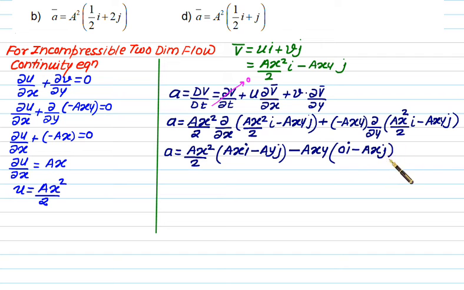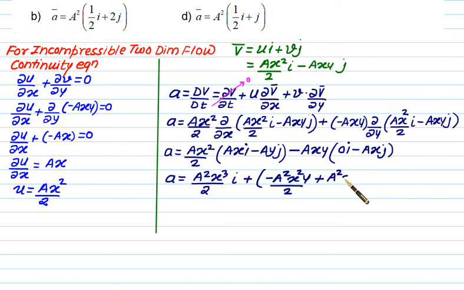Let's collect the coefficient of i here by expanding this. So we have ax square into ax will be a square x cube divided by 2, that is the i coefficient, and this one is 0 coefficient. So we have a square x cube by 2. The second term I write positive, and here the coefficient is negative, that is minus a square y by 2, and this minus is plus, or a square x square y times j.